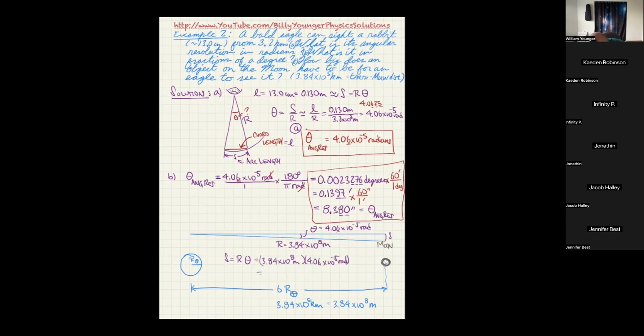And this is going to give us 3.84 e to the eighth times 4.0625 e to the negative fifth. And that gives me 15,600 meters. So in other words, it would have to be about 16 kilometers across for even an eagle to see it.